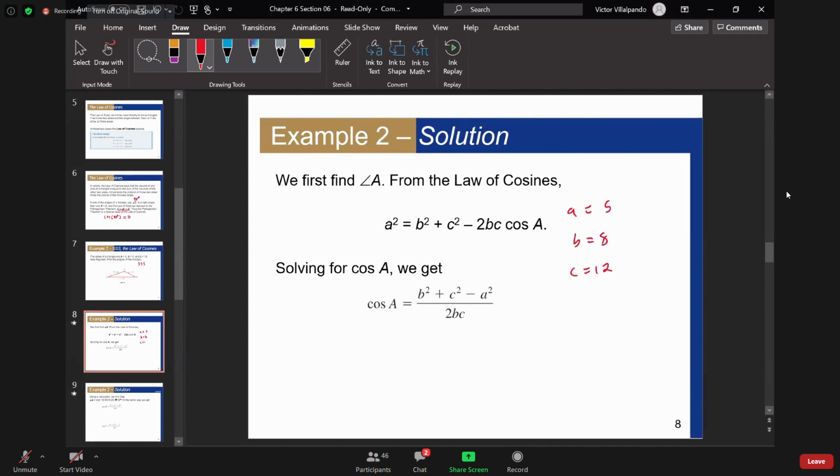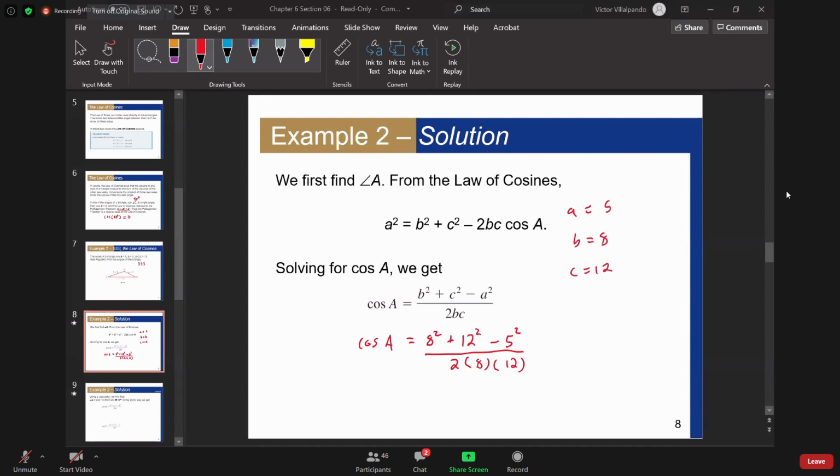Let's plug in simply as is. Here we get 8 squared plus 12 squared minus 5 squared all over 2 times 8 times 12. This is cosine of A.